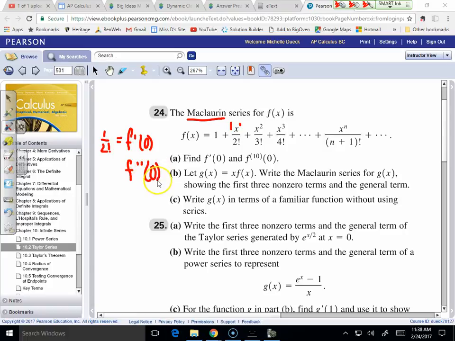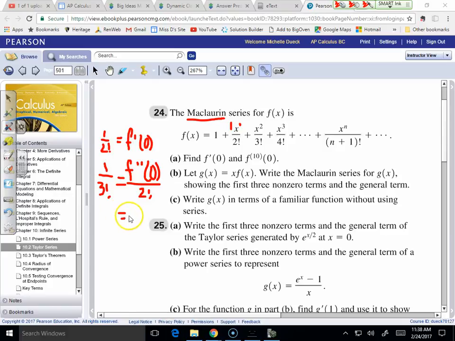f double prime is supposed to be over 2 factorial, right? Yeah. So I can say 1 over 3 factorial equals f double prime of 0 all over 2 factorial. Then what must f double prime of 0 equal? Multiply 2 factorial over 3 factorial, which is 1/3.